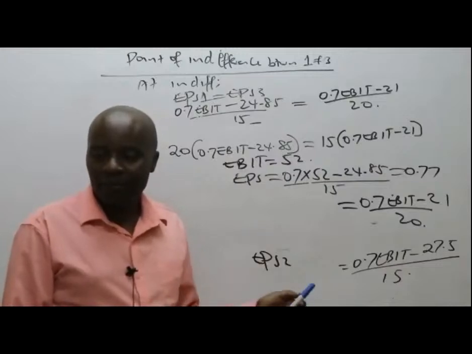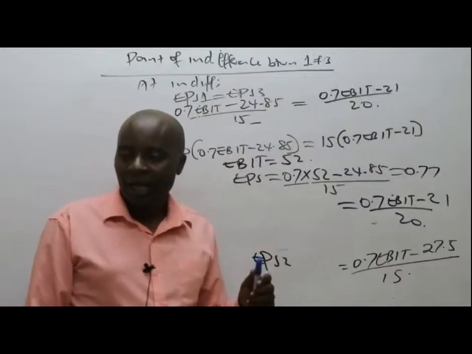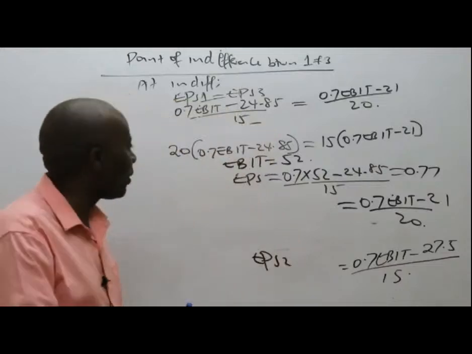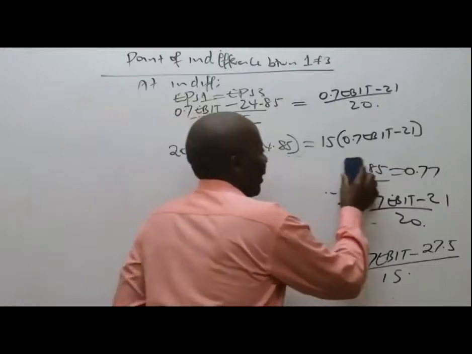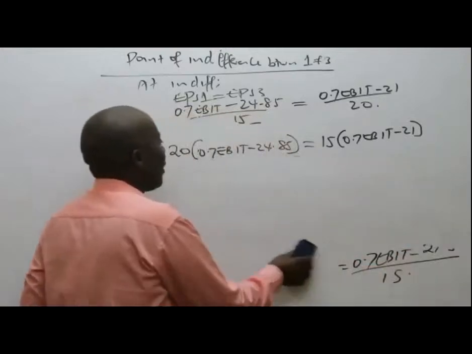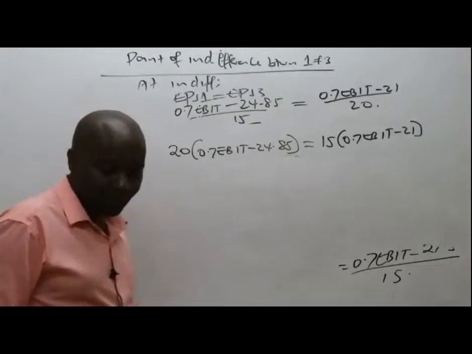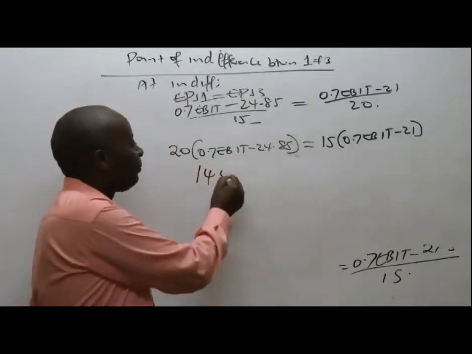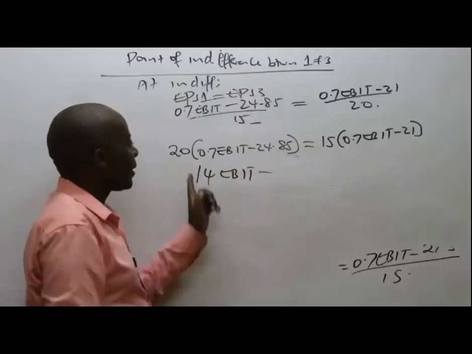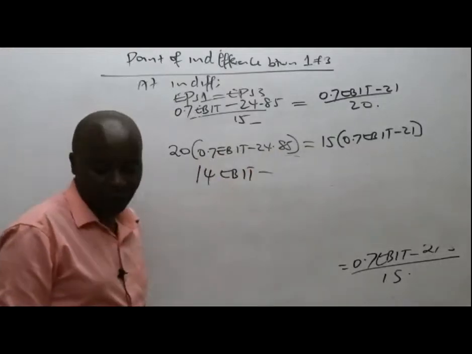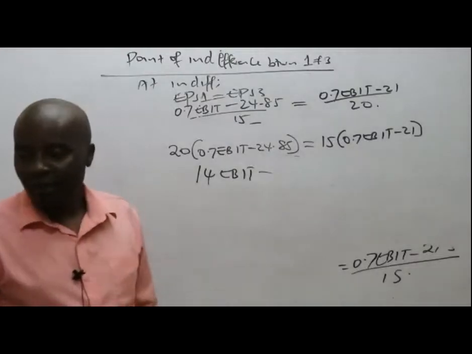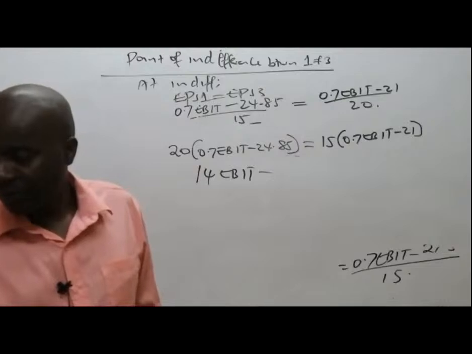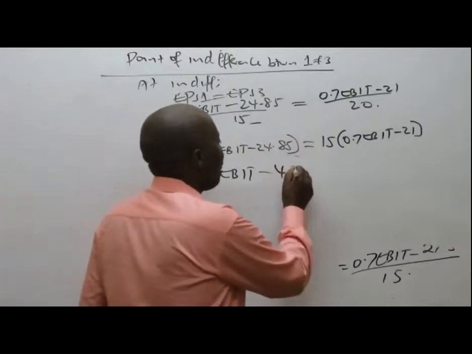Please remember, thank you very much. So how to get EBIT? Ali wants us to show how we got this EBIT figure. We simply multiplied. What is 20 times 0.7? That is 14 EBIT, minus 20 times 24.85, which is 497.